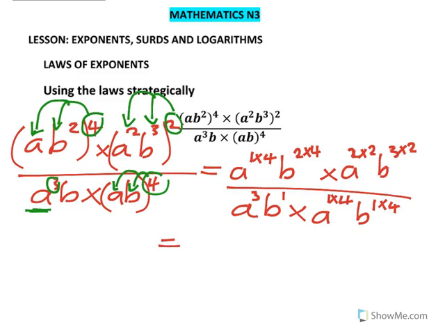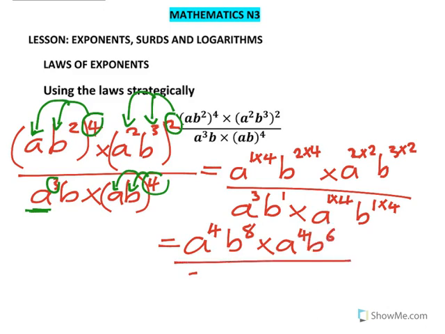That's simply what it means. Quickly, you are going to have 1 times 4 is 4, so a to the power 4, b to the power 8, times a, 2 times 2 is 4, b to the power 6, all over a to the power 3, b to the power 1, times a to the power 4, b to the power 4.